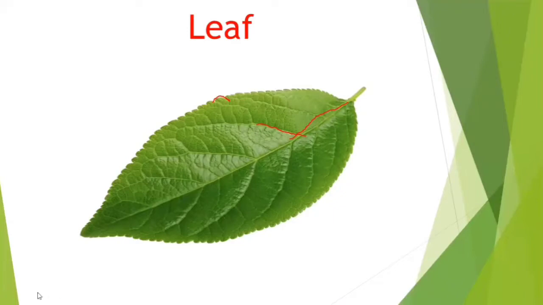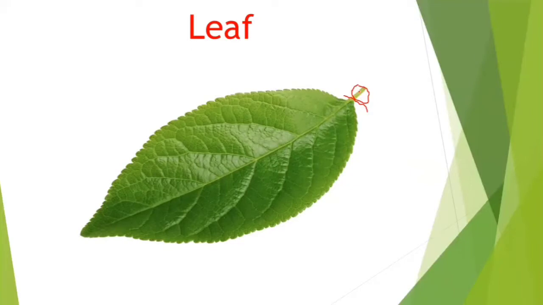Now you can see over here that this is the portion where the leaf starts, and the leaf doesn't float in the air. The little bit of the stem which is not attached to its green part is called the petiole.